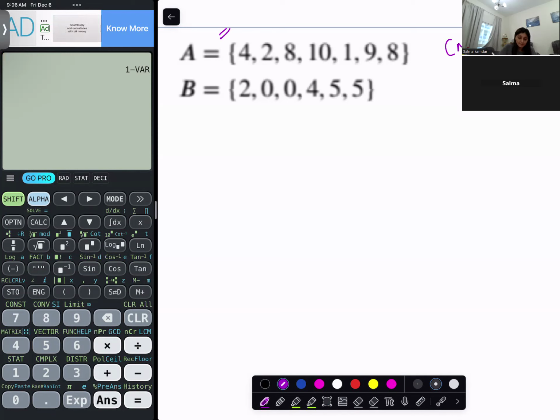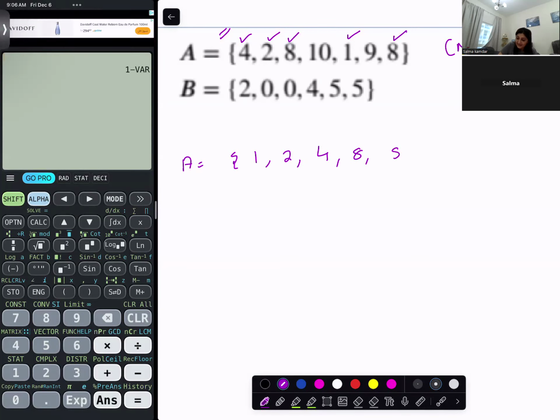So I would make the order correct for my data set A, and this would be 1 from smallest to the highest, 2, then it would be 4, 8, 8, 10, and 9.